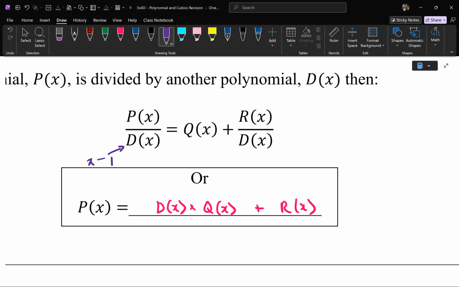Have you noticed that if that was X minus 1, if I sub 1 in, that becomes 0? 0 times the quotient cancels out. And because you sub 1 in, it's R of 1. Whatever that remainder is, that's why they say when you sub 1 into the polynomial, P of 1, whatever the answer is, that's your remainder. That's the remainder theorem. That's where they were showing it.